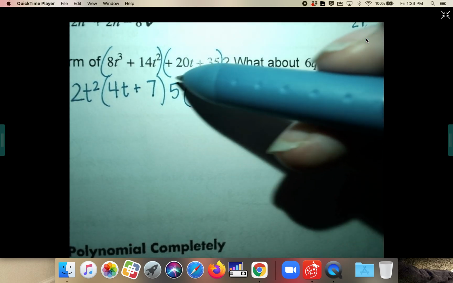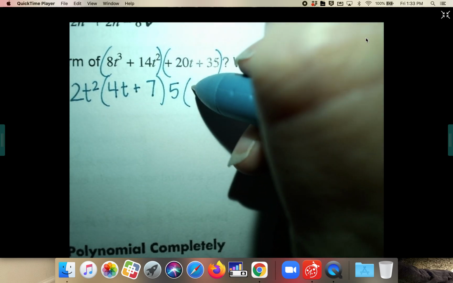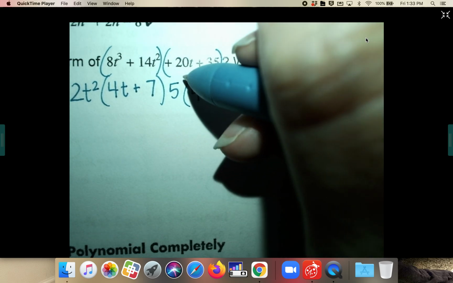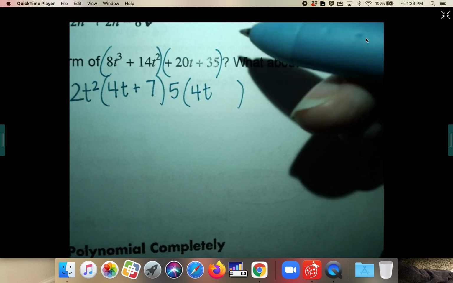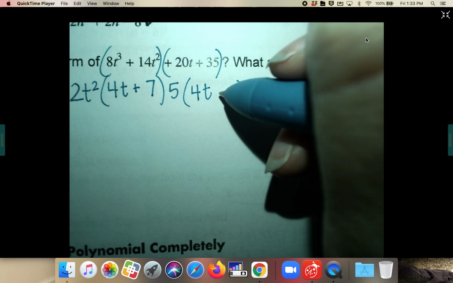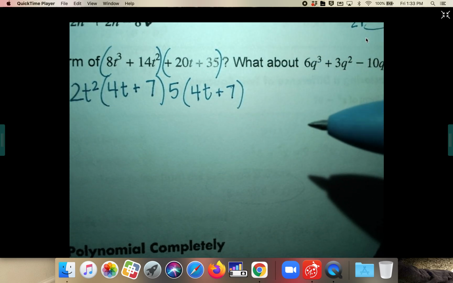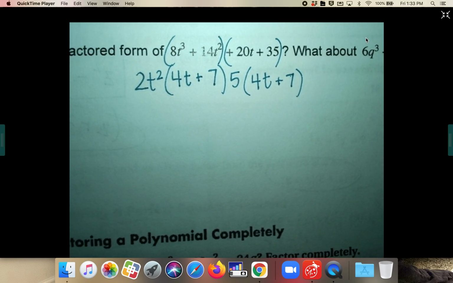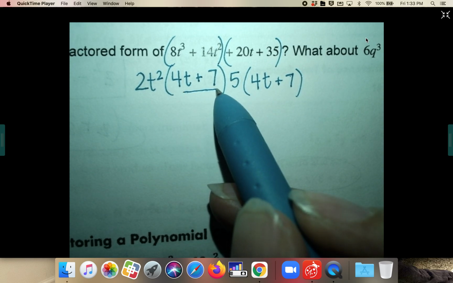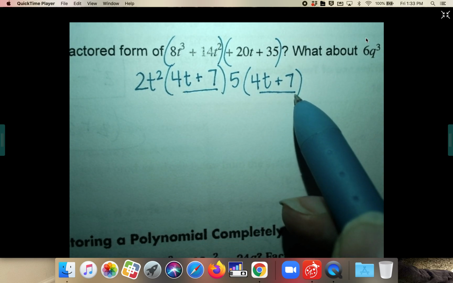So then let's reverse distribute it. That would be 4t, 5 times 4t is 20t, and then 5 times 7, positive 7, is 35. So let's check to see if our answers are right. The reason you know it's right is if what's inside the parentheses is the same both times.